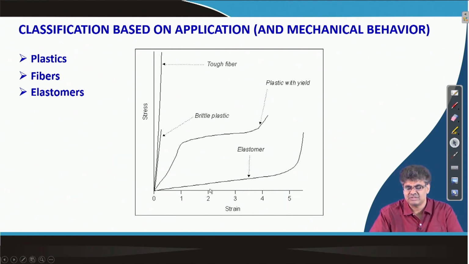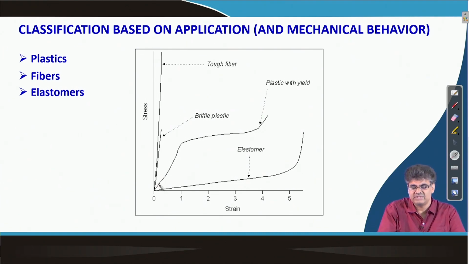Now, if you have an elastomer, then you can imagine that by applying only a very small amount of stress, you can stretch this polymer to a high extent. So, basically strain is high for a very small amount of stress. So, that is your elastomer.